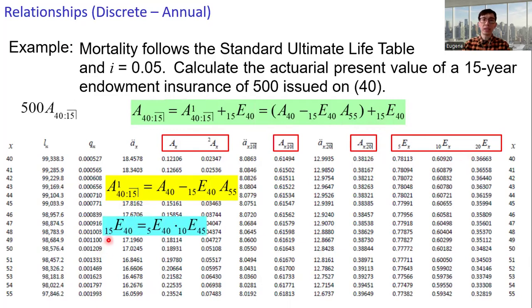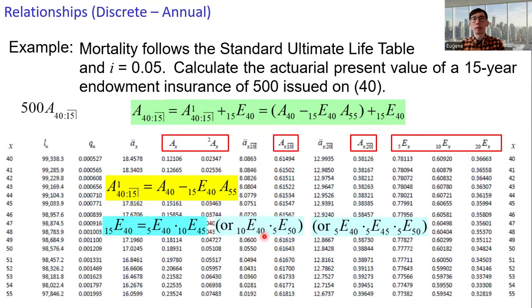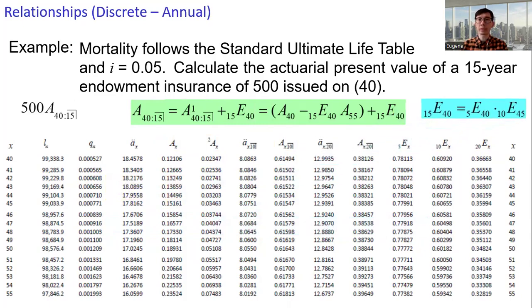We can decompose 15E40 as 5E40 times 10E45, or 10E40 times 5E50, or a product of three 5-year endowments, 5E40, 5E45, 5E50. And in this solution, we make use of this expression. 15E40 equals 5E40 times 10E45.